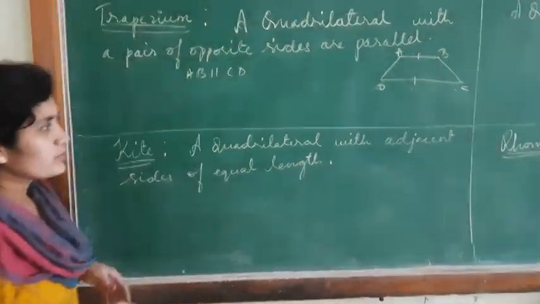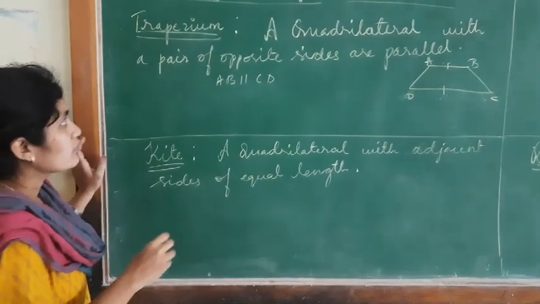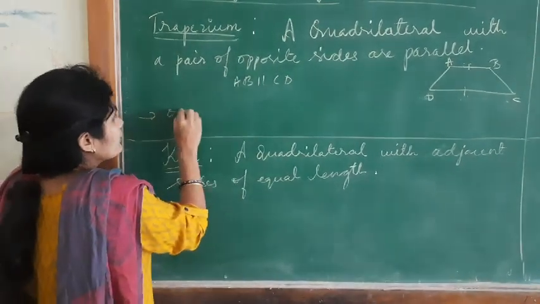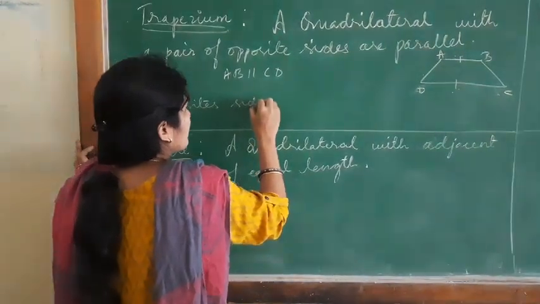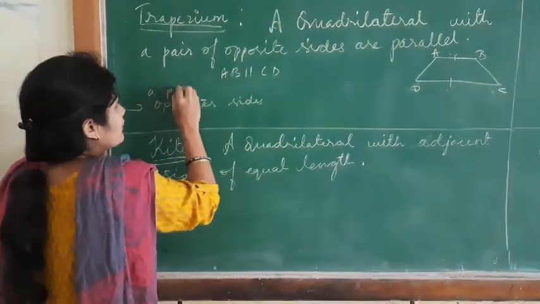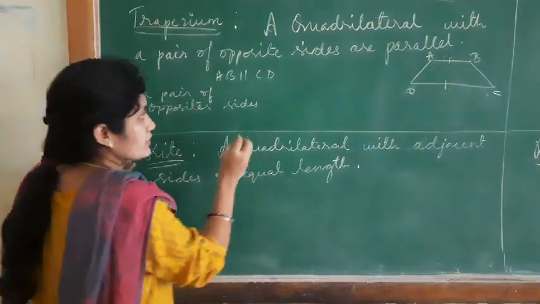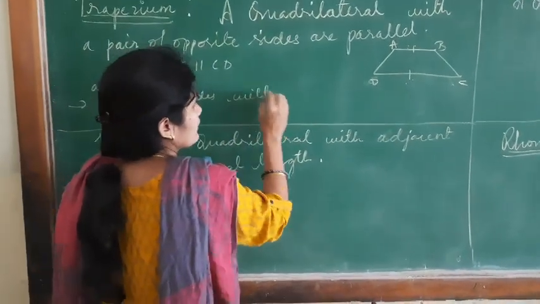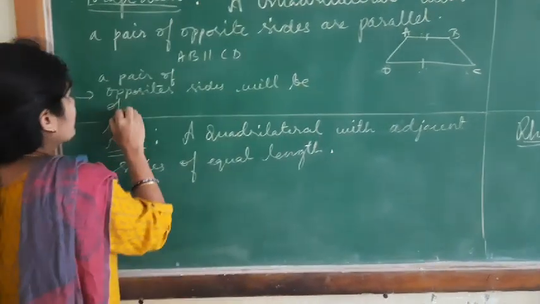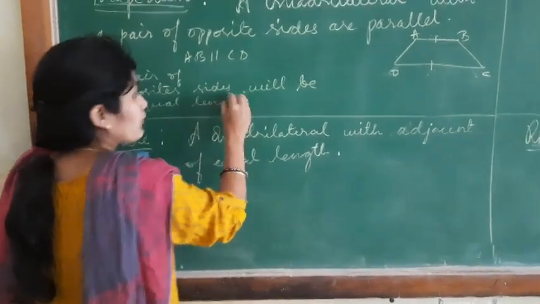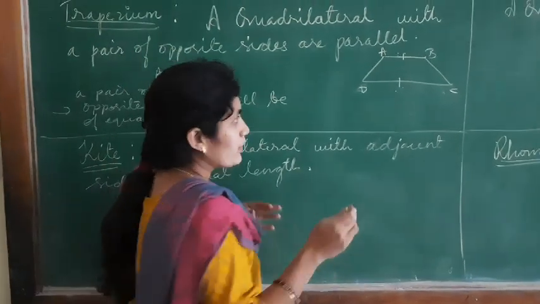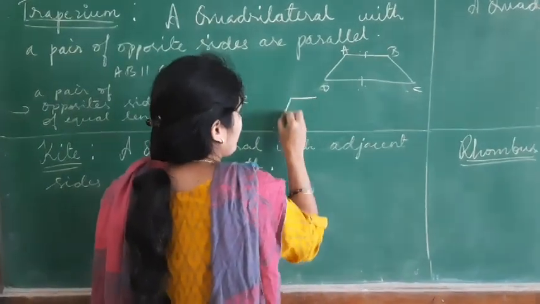This is a trapezium. And here one more special case we have, in that a pair of opposite sides will be of equal length. One pair will be parallel and the other pair will be of equal length.